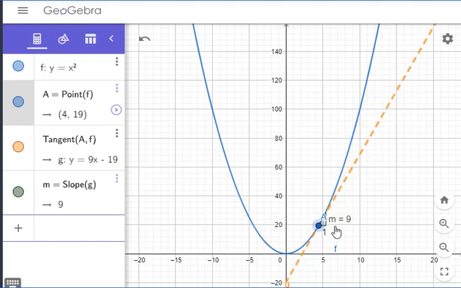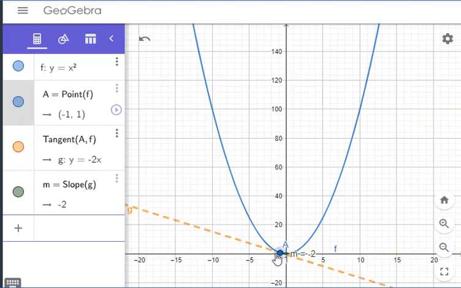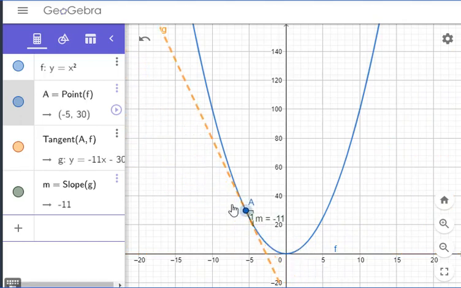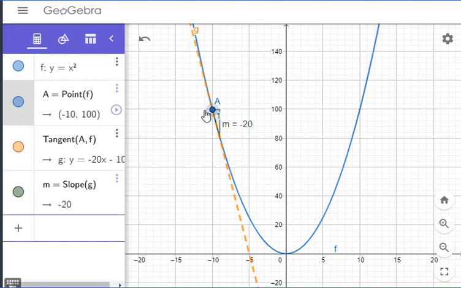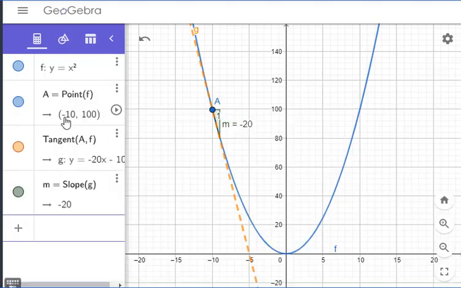If we want to figure out the specific value for the slope of the tangent line when x equals negative 10, for example, I will move this A to x equals negative 10. Make sure over here the point is (negative 10, 100).